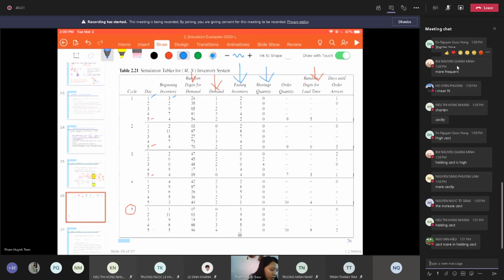If we use the table, it corresponds to 1 unit of demand. So on that day, our ending inventory would be 3 minus 1. We have 3, we sell 1, so we are left with 2. This is our ending inventory of day 1. There's no shortage. We have sufficient inventory.